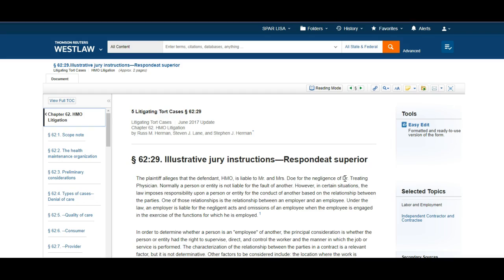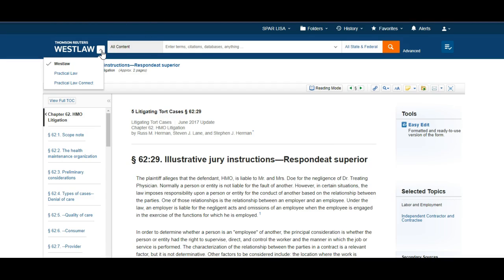Another aspect of bringing everything together in practice materials, and this is a new area for all of the services, is they're trying to take advantage of some of the newer technology in bringing these materials together.